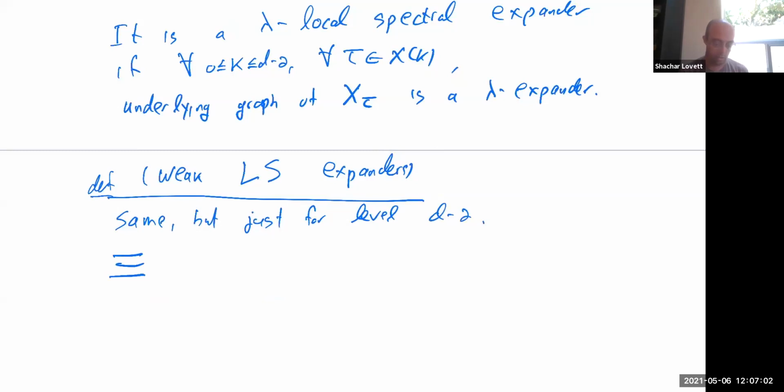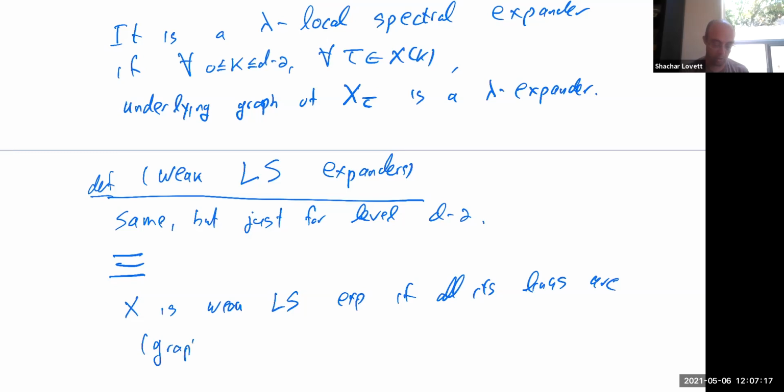And again, for graphs, once we get to the graphs, we just use the graph definition of expanders.